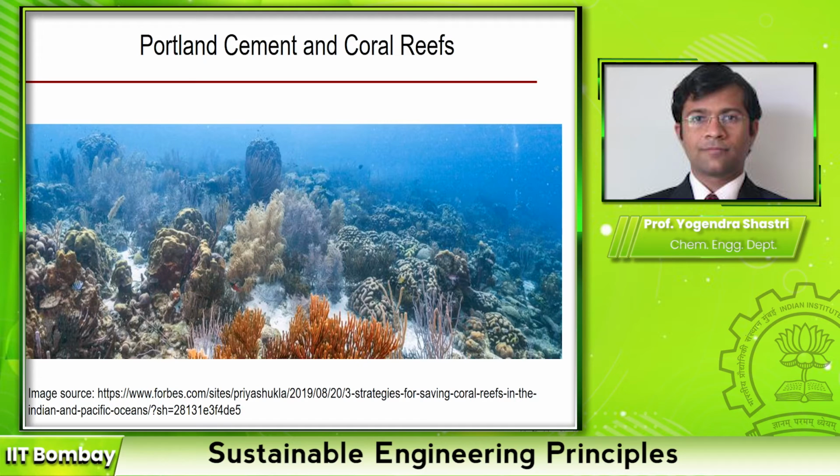So there is a double benefit if you are able to figure out how to copy what coral reefs are doing and produce a material like cement, which we can use in the construction industry. This topic is still being investigated. Again, if you are interested, please look at the website or the biomimicry web page.